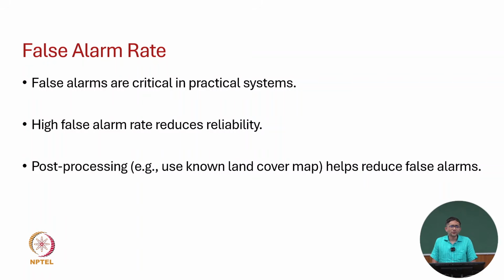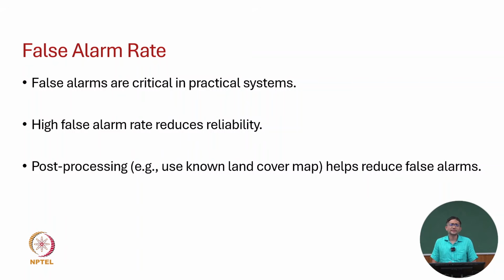And in such problems, one important aspect to remember is that often it's important to tune the false alarm rate. High false alarm will reduce reliability. However, you probably do not want to miss the anomalies either.